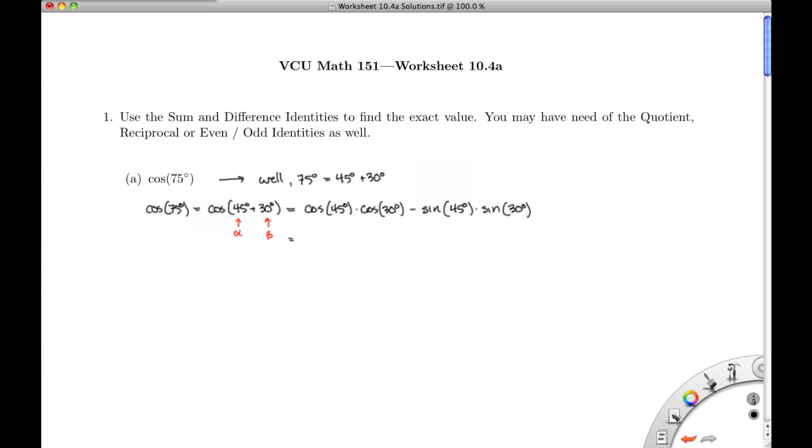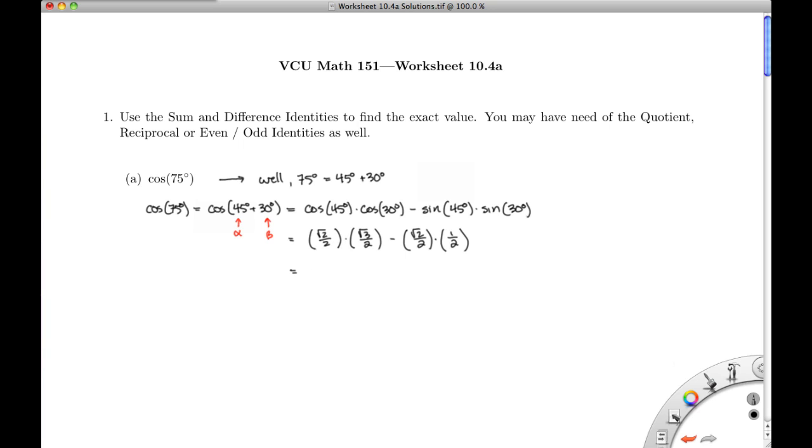Cosine of 45 degrees. We should be pretty comfortable in saying that we know this is the square root of 2 divided by 2. Cosine of 30 degrees is going to be the square root of 3 divided by 2. The sine of 45 degrees is the square root of 2 divided by 2. And the sine of 30 degrees is positive 1/2.